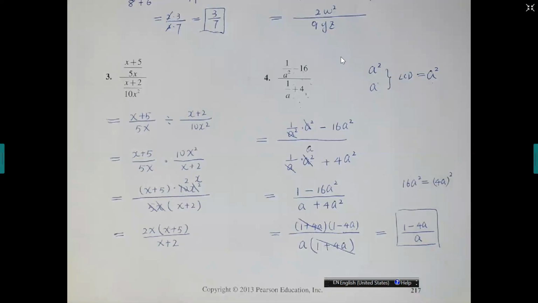If we can, then we have to simplify the rational expression like this one. Okay, so that's for section 7.4. And those two sections, 7.3 and 7.4, are two very challenging sections. You need to practice a lot until you are able to solve the problem quickly and correctly.